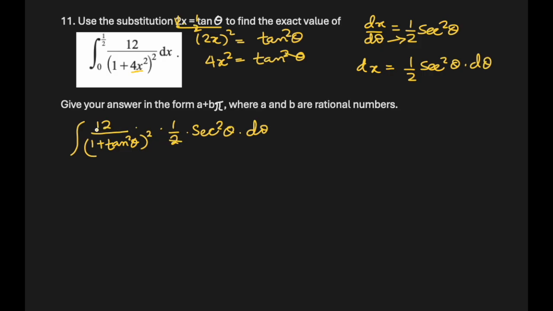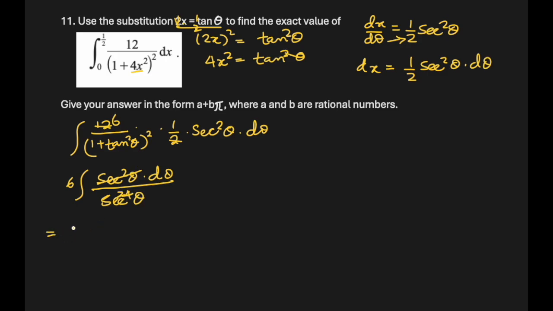Now this 2 can cancel with the 12, so let's keep 6 out and we'll be left with just secant square on the numerator over 1 plus tan square theta, which is also secant square theta, so it will become secant to the power 4 theta, isn't it? Because of this square, secant square theta will also be squared, so we can cancel 2 of them.